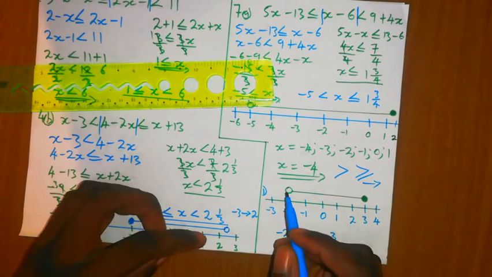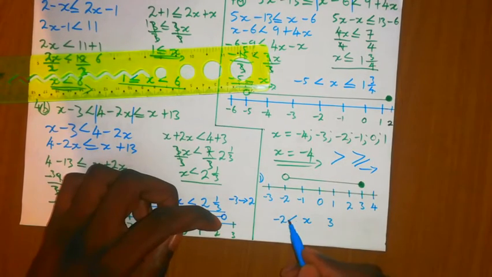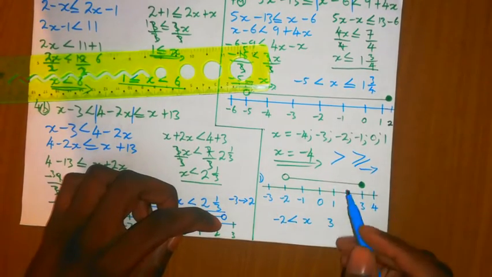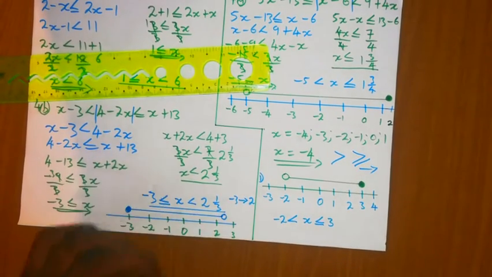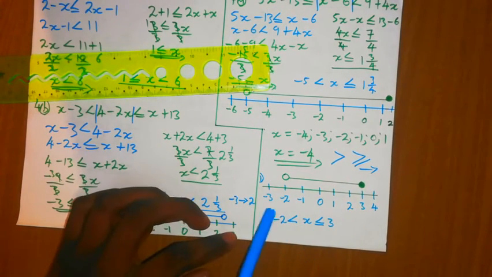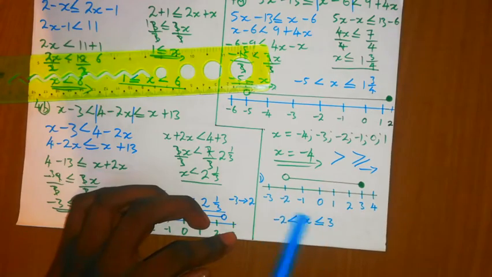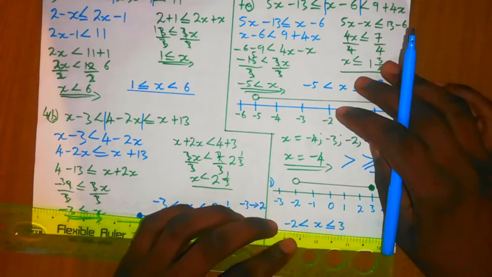It means the value is not included. So if the value is not included, I'm supposed to use that sign. Then if the value is included, I'm going to use that sign. That is your answer. The question would have appeared in the form of a number line, then you will be asked to deduce that expression. So that one will be your final answer.